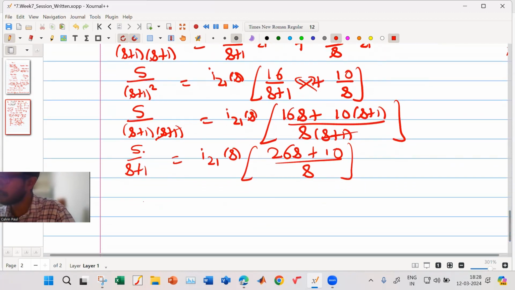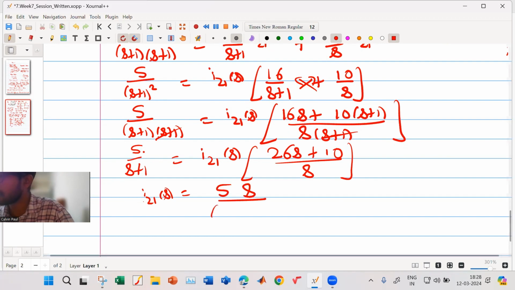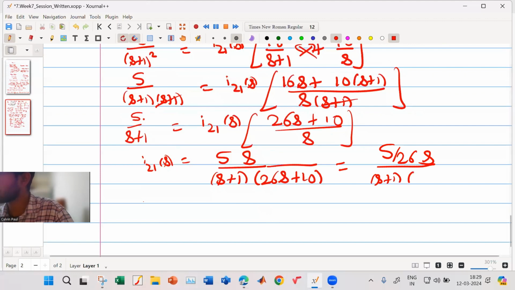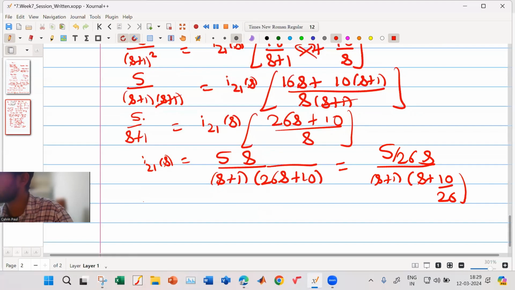So I21 of S is equal to 5 into S upon S plus 1 into 26S plus 10, or it is equal to 5 by 26 S upon S plus 1 into S plus 10 upon 26. Is this clear? Yes, sir.